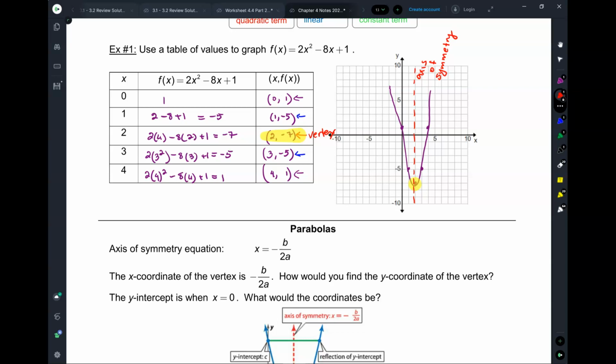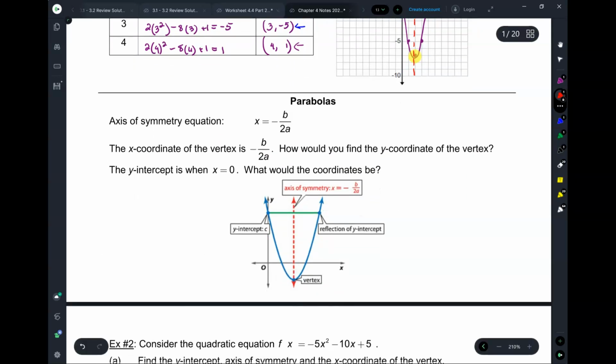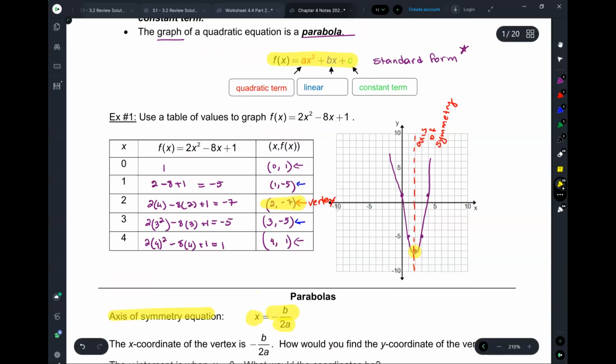So here are some things about parabolas that you just have to memorize, okay? First of all, to get the equation for the axis of symmetry, the formula is x equals negative b over 2a. Okay, so where does the b and the a come from?